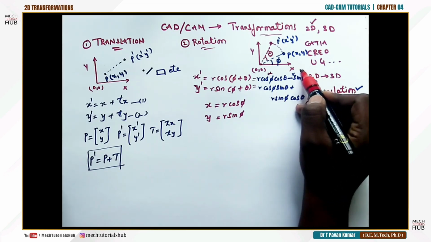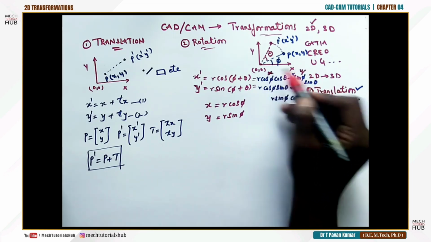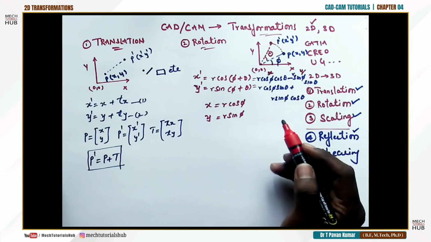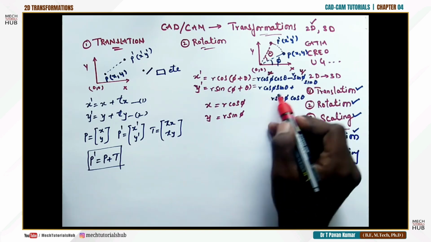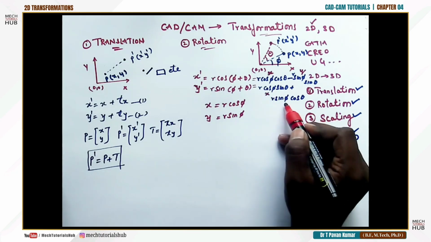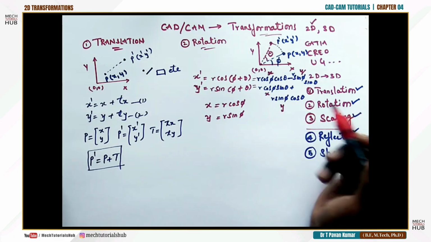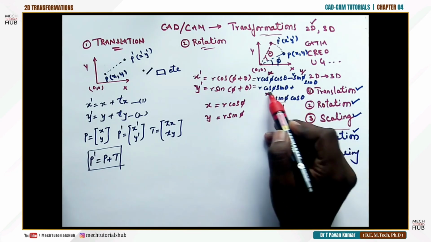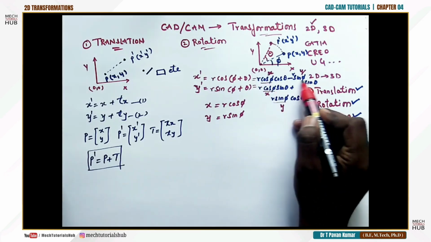This one is the y term, this is the x term. Similarly in the other equation, r cos gives the x term, and sin gives the y term.